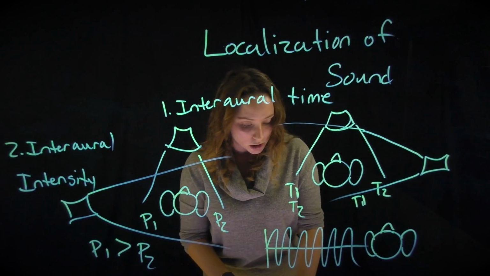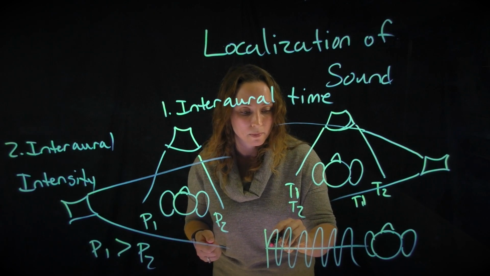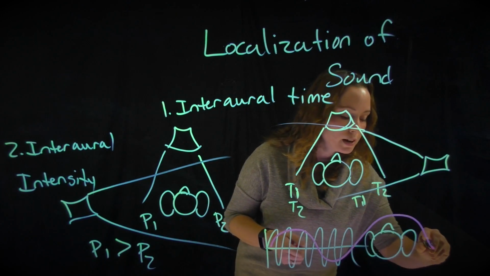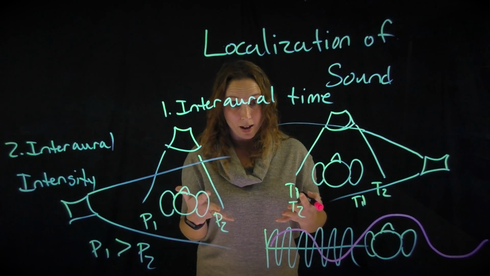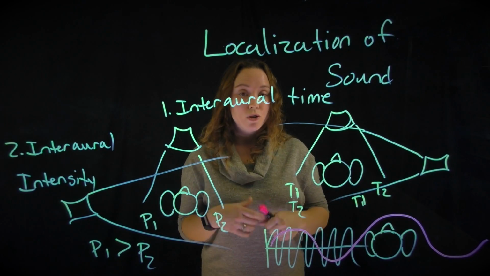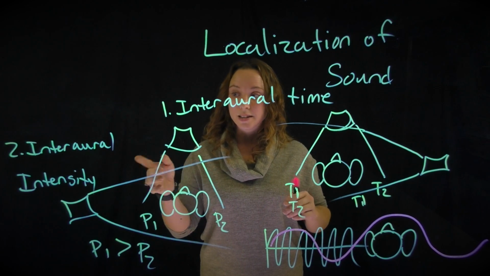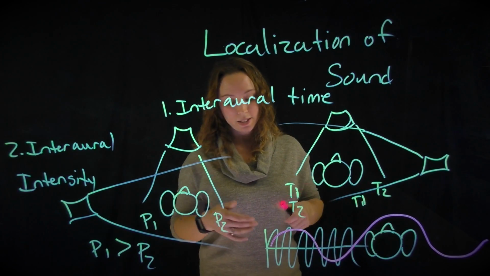But I want you to look what happens if the sound is of a very low frequency. Okay. Low frequency sounds are actually not blocked by your head. They go around your head. And so they're not blocked, and there aren't any differences in interaural intensity, and so you can't localize low frequency sounds.